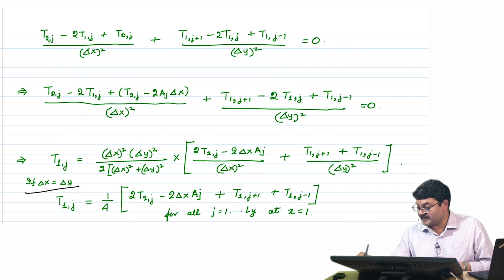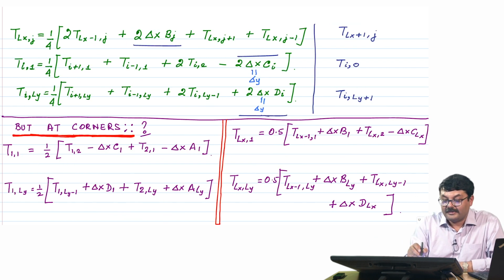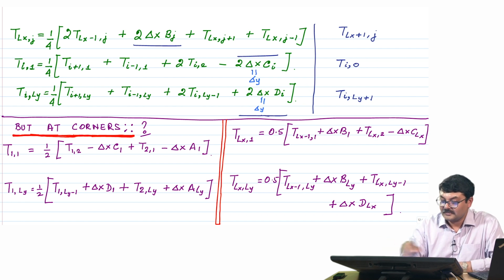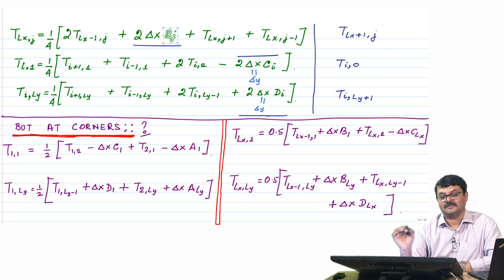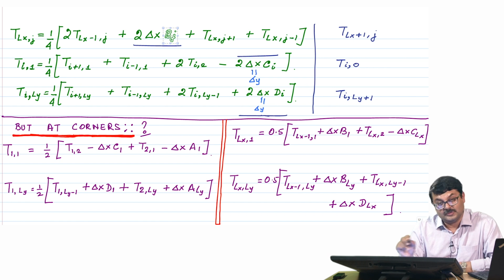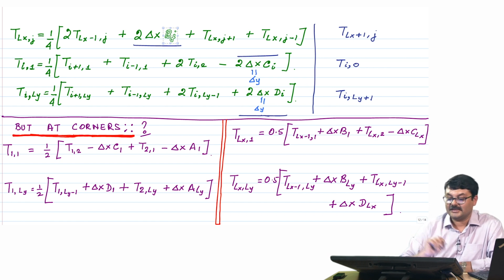That can be written by doing a very similar procedure as was discussed in the last slide. The expression can be this, and note that dT/dx at x equal to L x, which is B j, is sitting nicely here, right. So you have used similar expressions, there is a setting there.